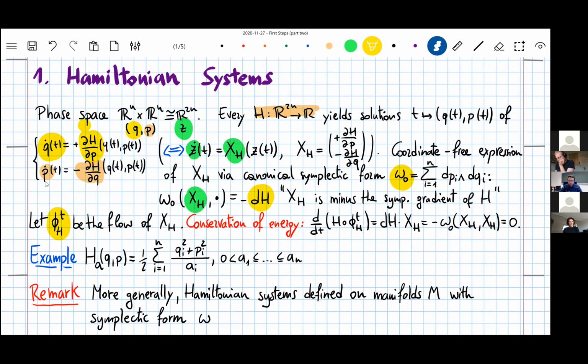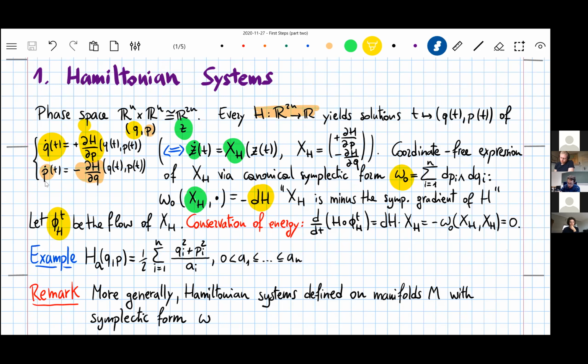And one of the first things you learn in a course on Hamiltonian systems is that the energy is preserved along this flow, where as energy we usually understand the Hamiltonian. So this is like the physical motivation. And the reason for this, it's quite general, comes from the definition of X_h and from the fact that omega 0 is antisymmetric.